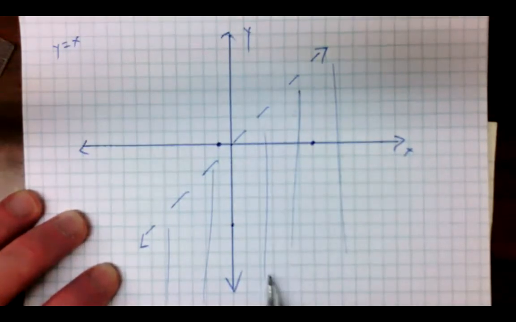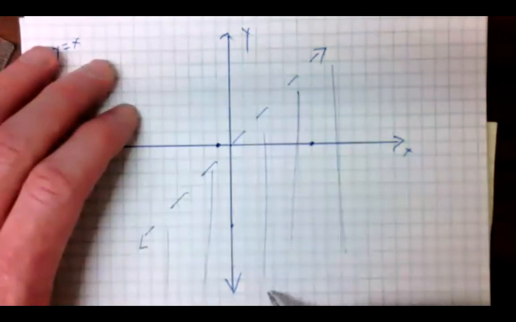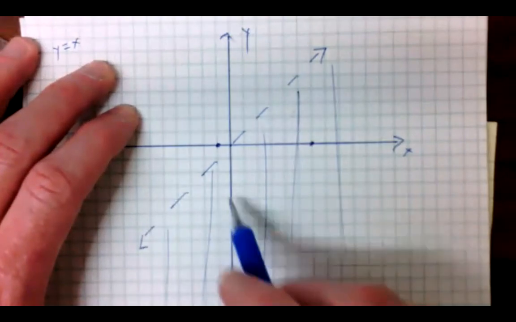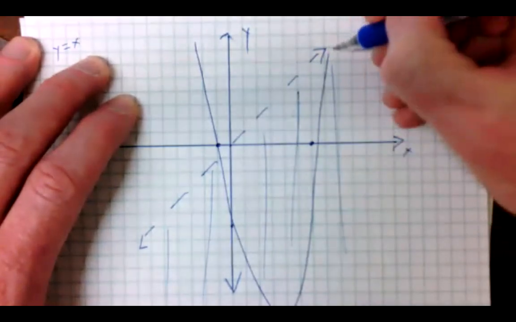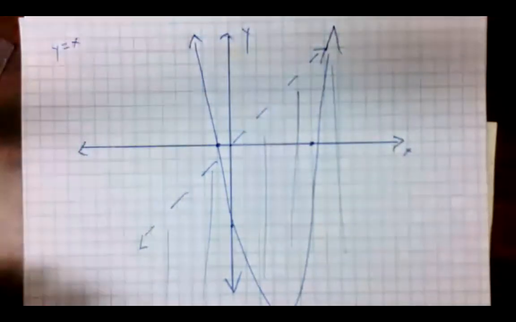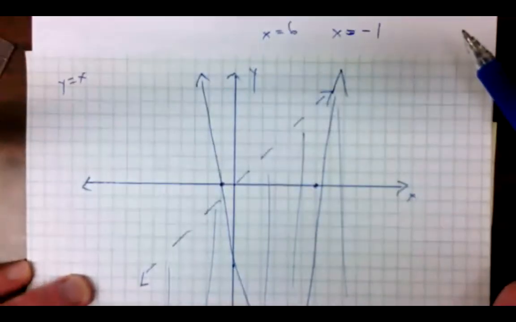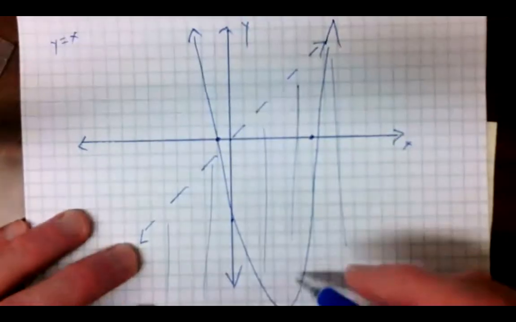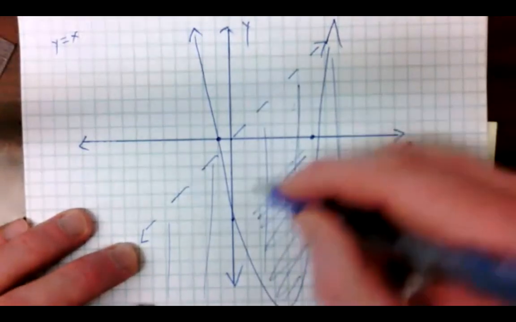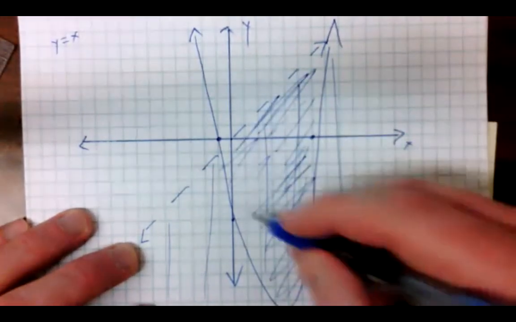Which means the vertex is going to be lower down here somewhere. We don't need it to do this properly. Oh, that's terrible. That's why we use pencil. And then it's y is greater than or equal to, so we use the solid line. And the area that works for both solutions is right in here.